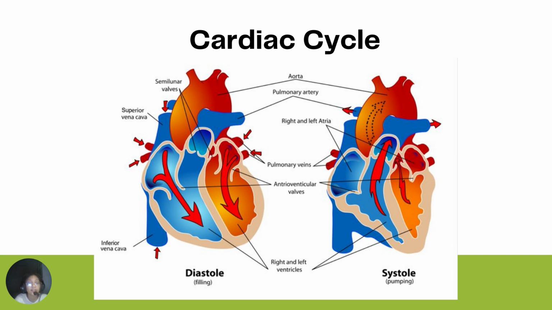In ventricular diastole, the tricuspid and the bicuspid valves open so that they can let the blood pass from the atrium to the ventricle, but the semilunar valves remain closed so that the blood does not go to the artery yet.